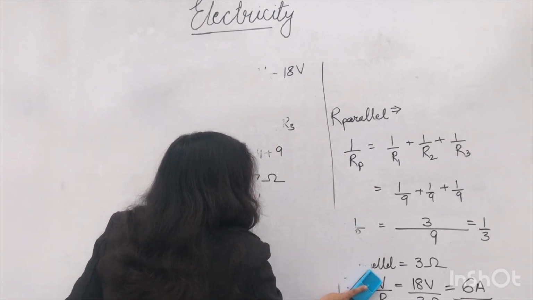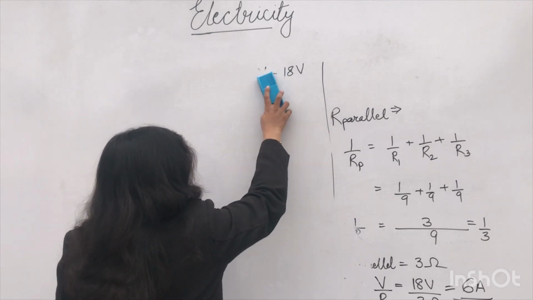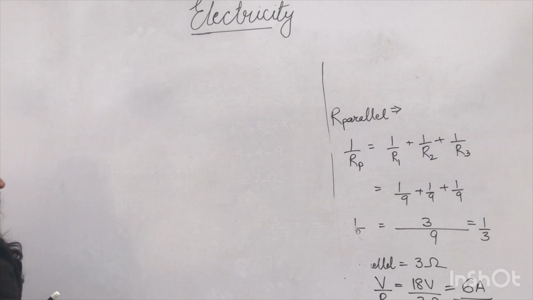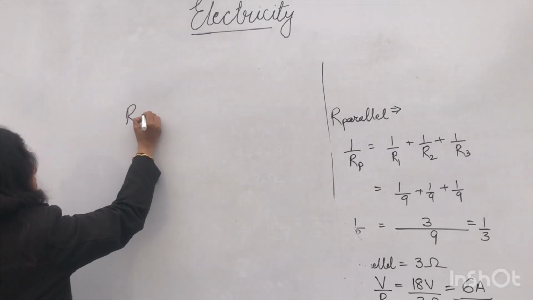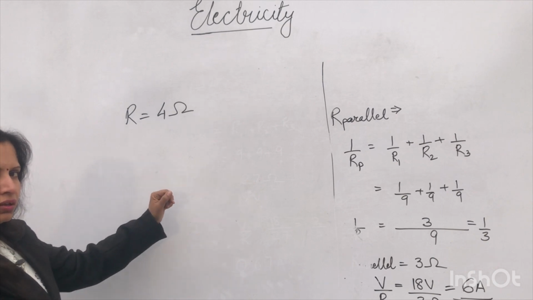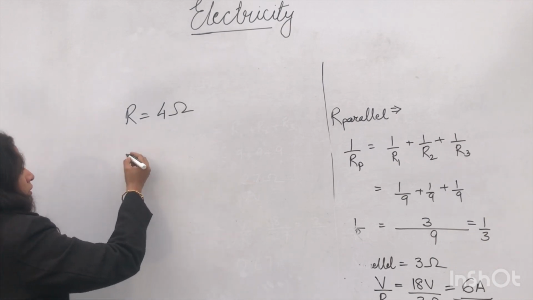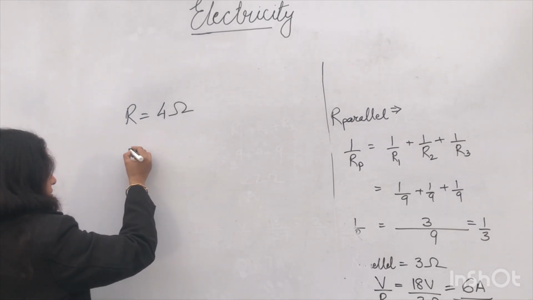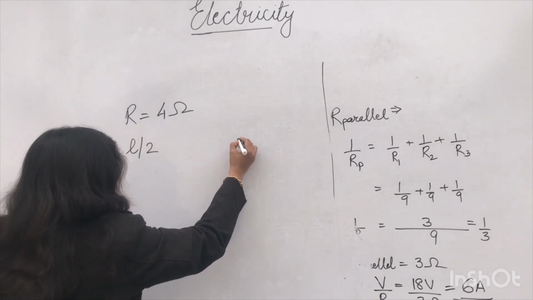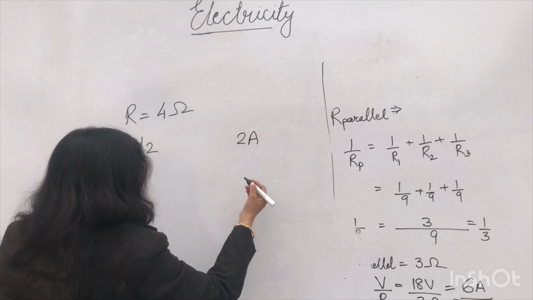Suppose we have a wire whose resistance is, you can take any example, suppose 4 ohm. Now the length of the wire is decreased to half and its area becomes 2 times of the original area.